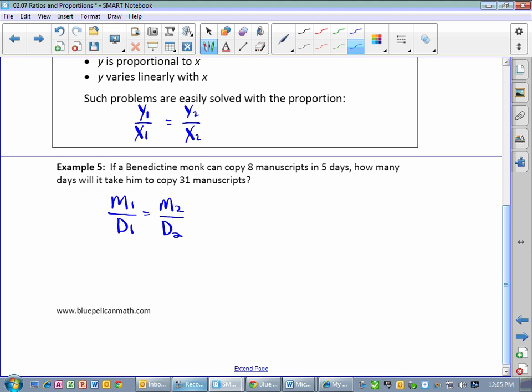The initial ratio that we're given, 8 in 5 days, is 8 to 5. So we have 8 over 5 equals, and now the question asks how many days for 31 manuscripts, so 31 over D2.